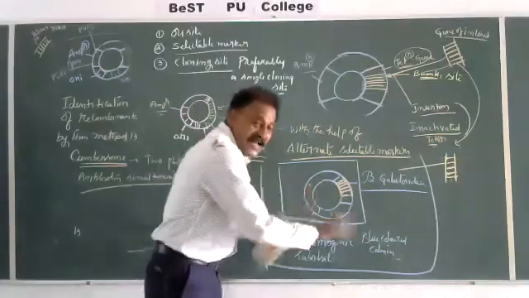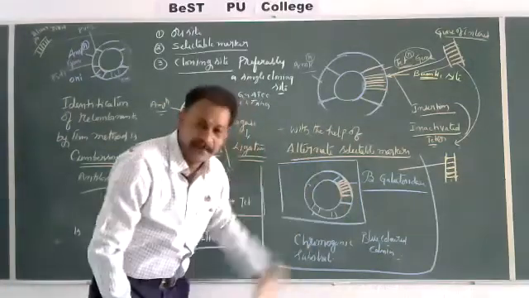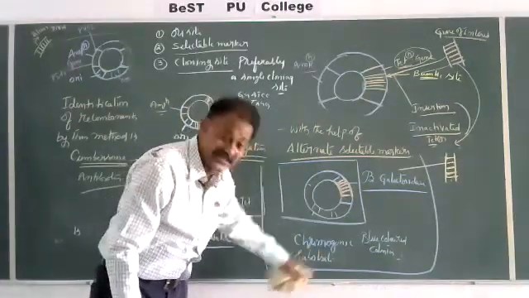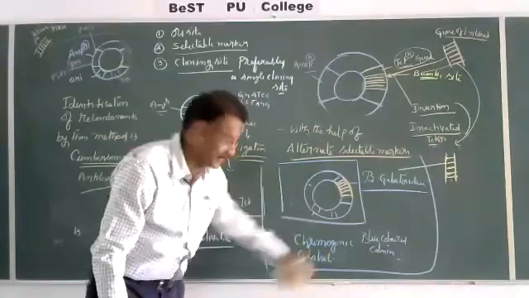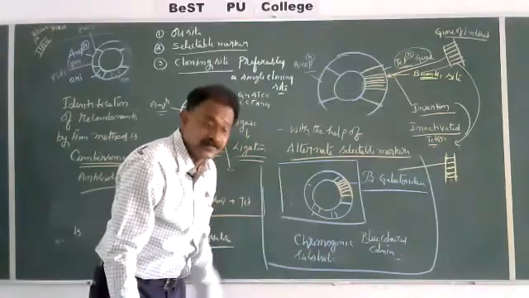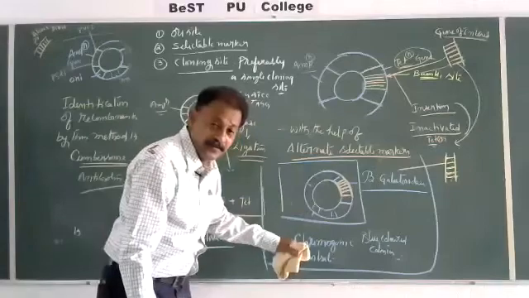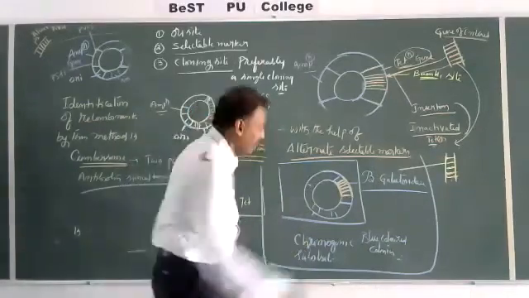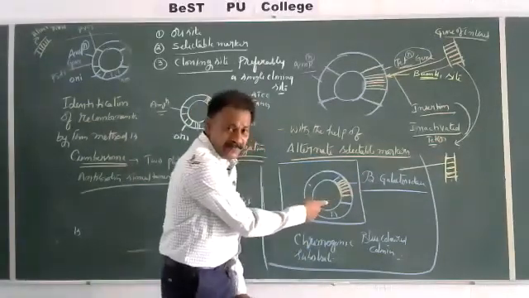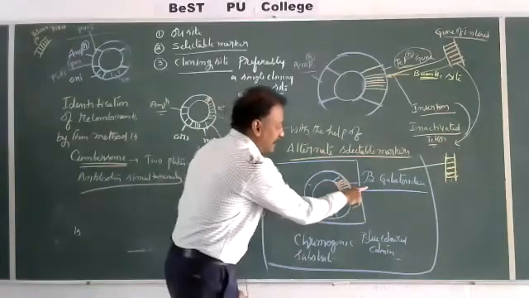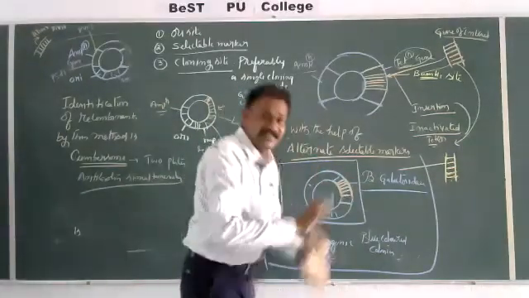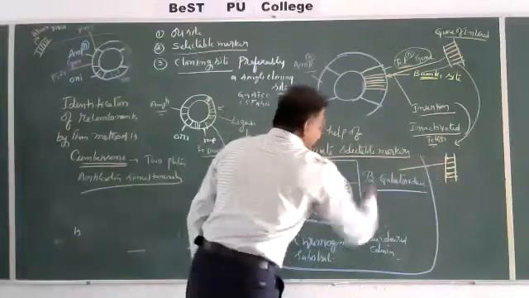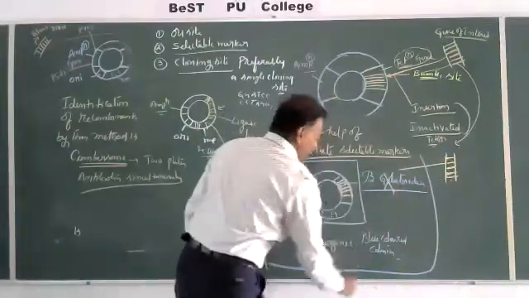When such bacteria are allowed to grow in the chromogenic medium, if really recombinants are there, the beta galactosidase gene already undergoes insertional inactivation by the gene. So it will not produce.